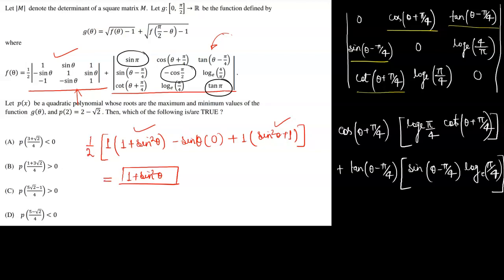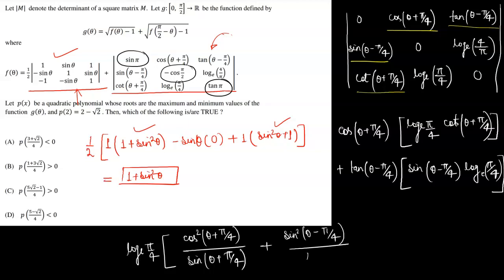Okay, so finally, if I take log pi by 4 as common, and break cot into cos upon sine, we will have cos square theta plus pi by 4 by sine theta plus pi by 4, plus here there will be sine square theta minus pi by 4 by cos theta minus pi by 4. I have changed tan theta into sine theta upon cos theta as well.